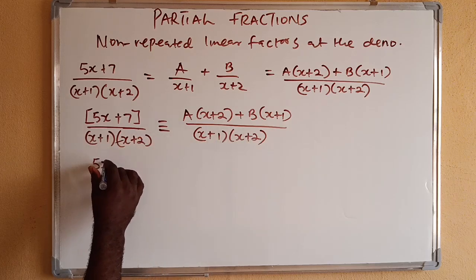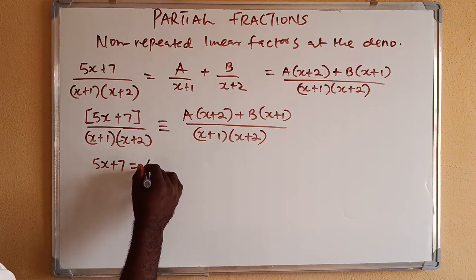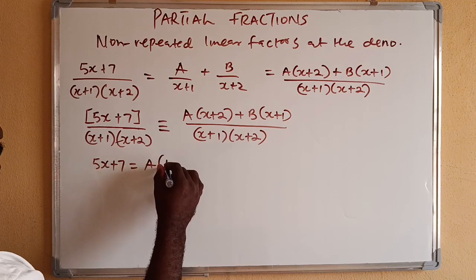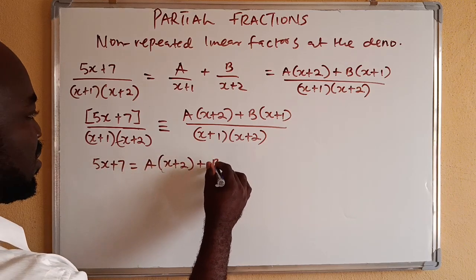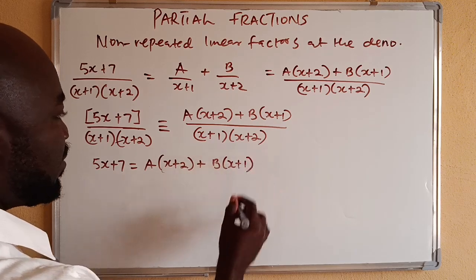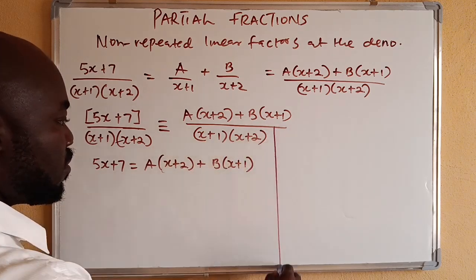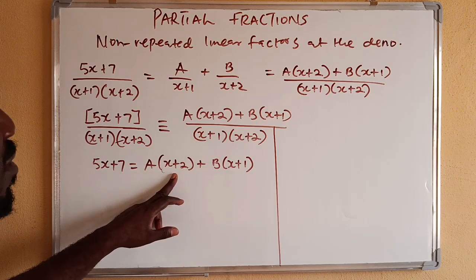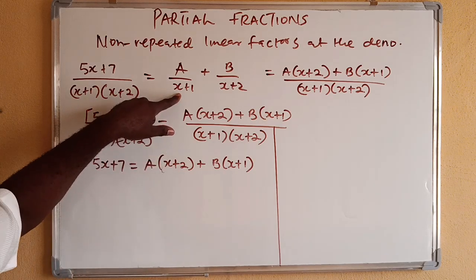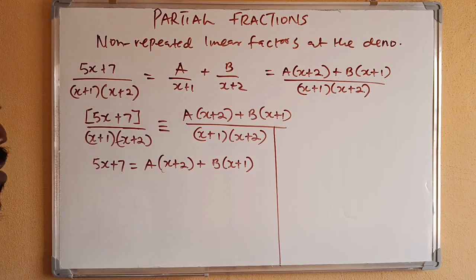So I'm going to have 5x plus 7 equals a bracket x plus 2 plus b bracket x plus 1. I want to get the value of a first, so I will equate x equals minus 1.